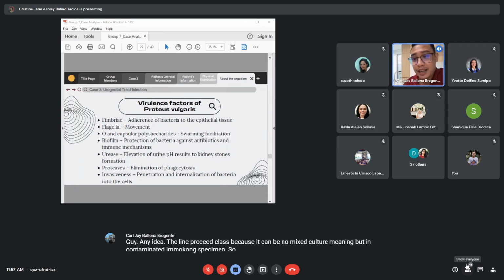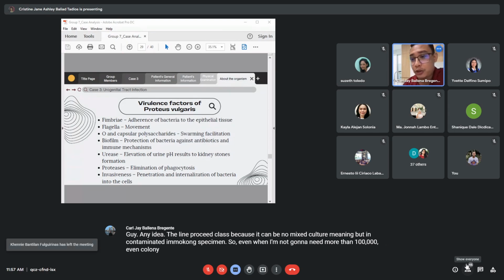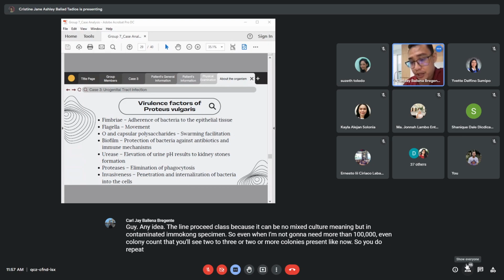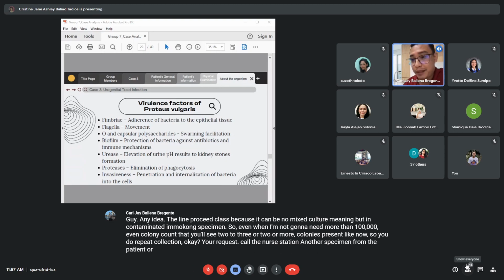So if your colony count is more than 100,000 and you see two to three or more different colonies, you do repeat collection. You request another specimen from the patient or call the nurse station and do repeat collection. This is a basic question from specimen collection, so I assume that you already know this.